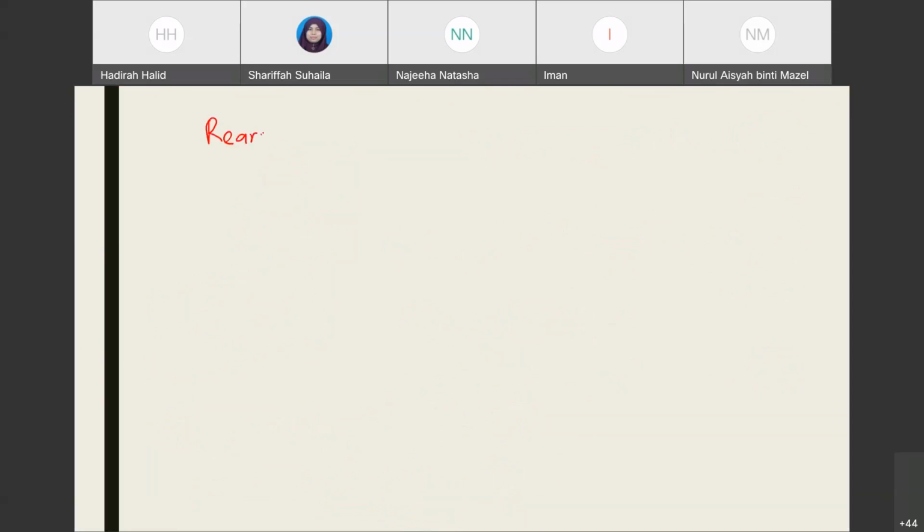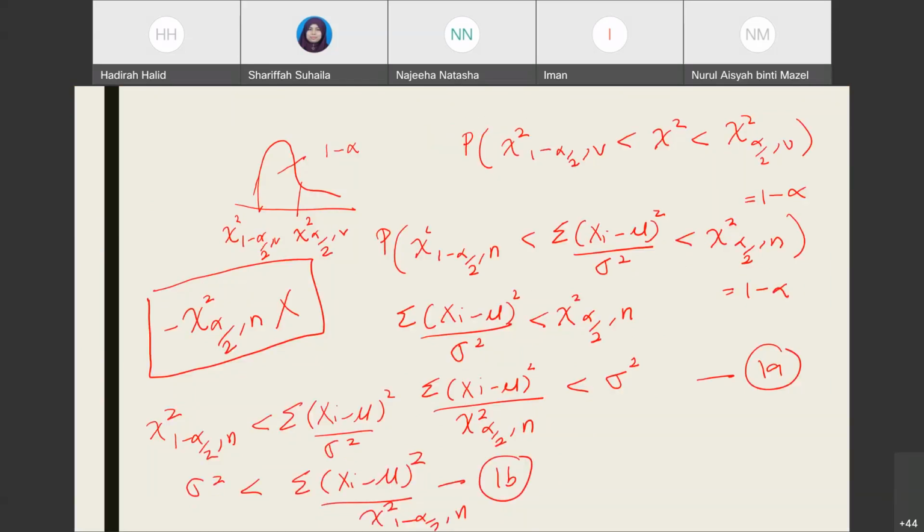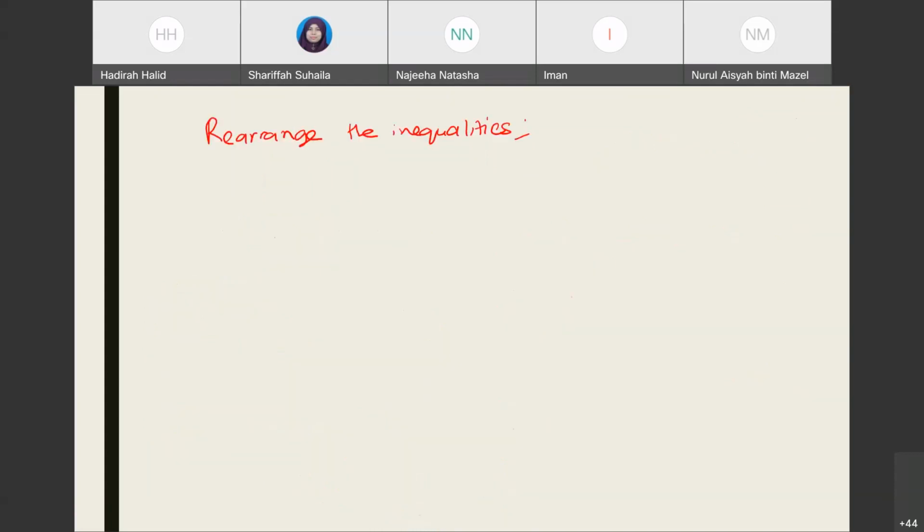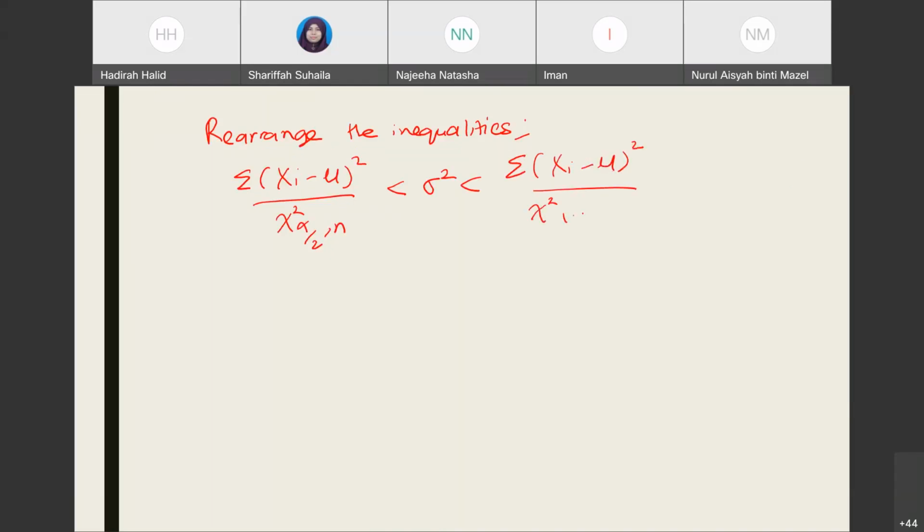It will give you summation xi minus mu square over chi-square alpha over 2, degree of freedom n, less than sigma square, less than summation xi minus mu square over chi-square 1 minus alpha over 2, degree of freedom n. So this is the final formula for the confidence interval for a single population variance.